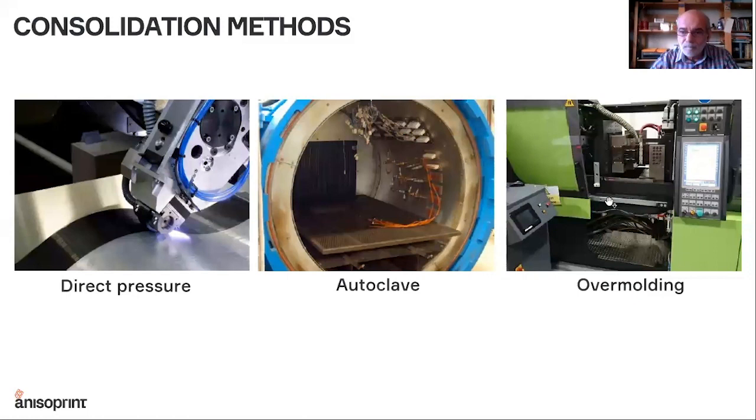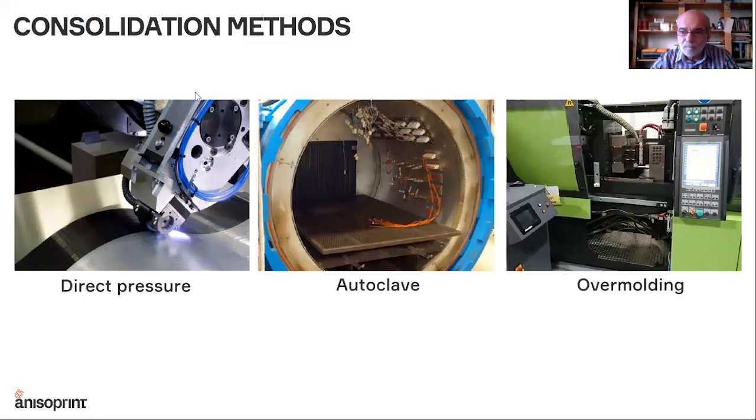Another approach is overmolding, when you 3D print or lay up something like a preform, and then you put this preform inside the injection mold or injection die, and then you inject extra plastic. The pressure induced by injection of the plastic can consolidate the material, can fill the pores to achieve good material quality.